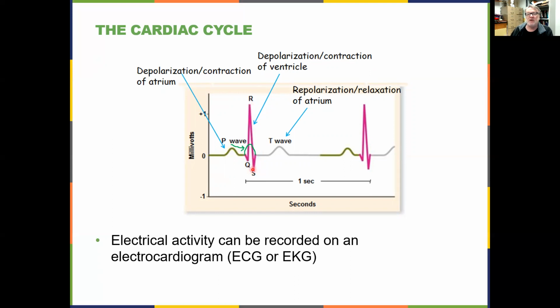That's why it has such a higher amplitude. And then the T wave is when the ventricle relaxes. So the repeated measures and the timing in between the spikes on the EKG can tell a physician much about the health of the heart and whether everything is contracting in the right sequence.